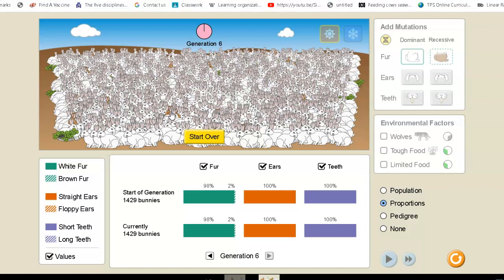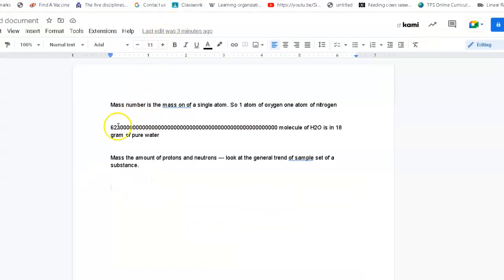I'm not really talking about generations because that's not what atoms do. There's some degradation within the nucleus, which we won't get into, that creates these different amounts of atomic structure. Remember, just in 18 grams of water, there's this many molecules of water when you're looking at a sample set of pure water.